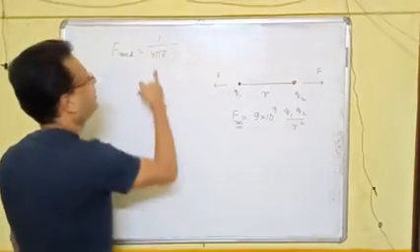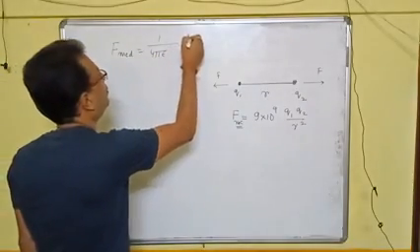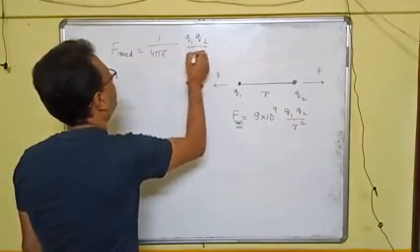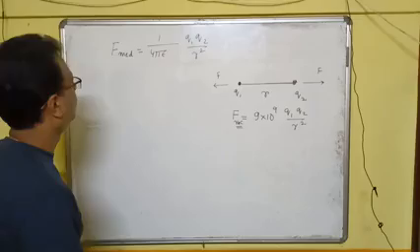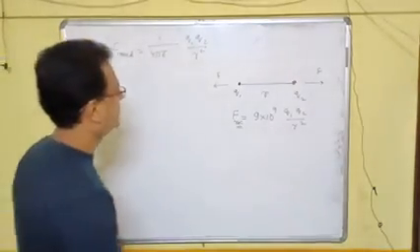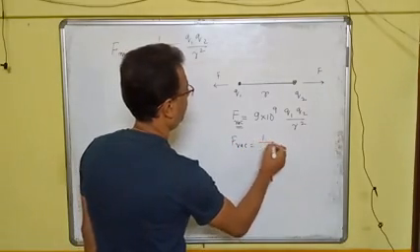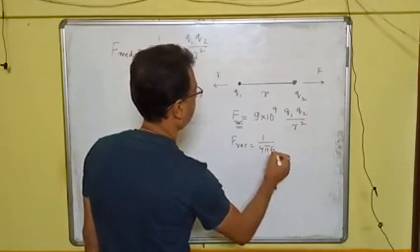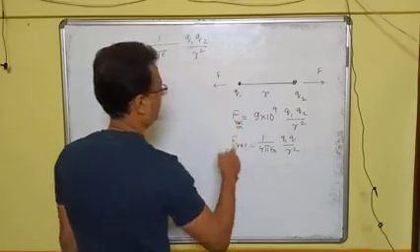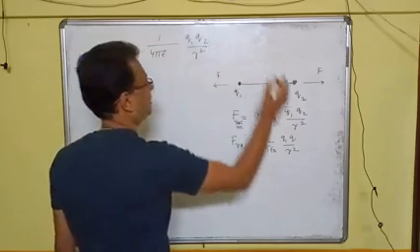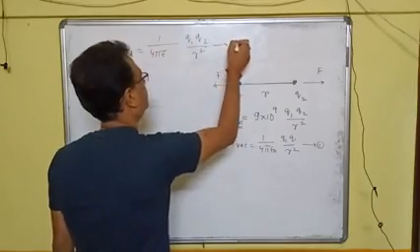In place of epsilon naught, we just write epsilon. So F vacuum is 1 by 4 pi epsilon naught Q1 Q2 divided by r square in vacuum, and this is for the medium. We write this as expression number 1 and this as expression number 2.